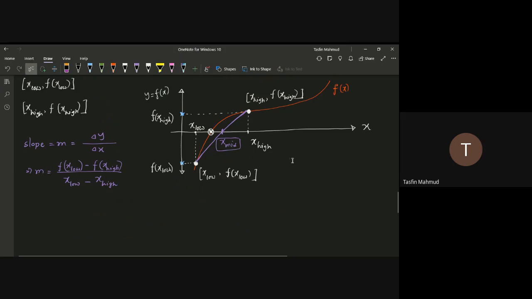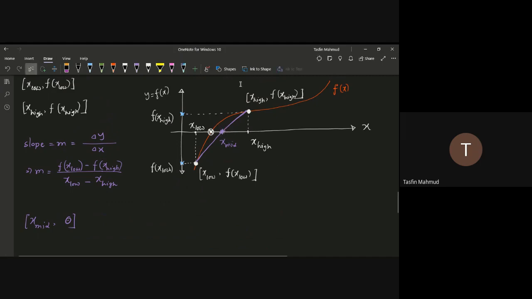So one point is x mid comma 0, right? The y value is 0 here, because it is on the x-axis.